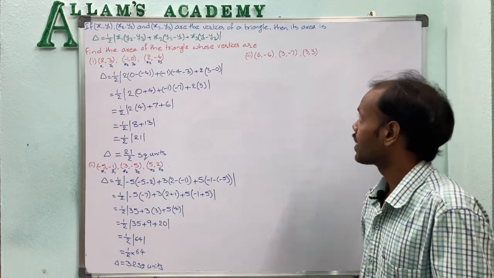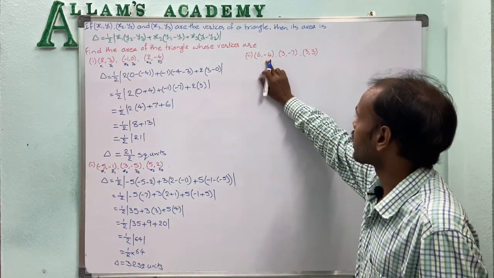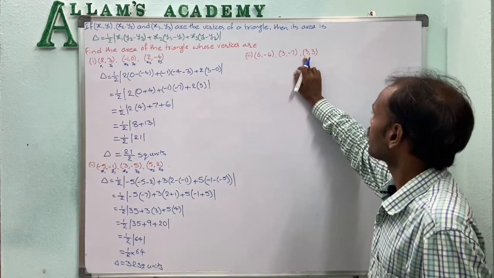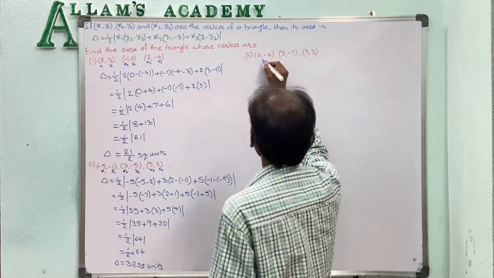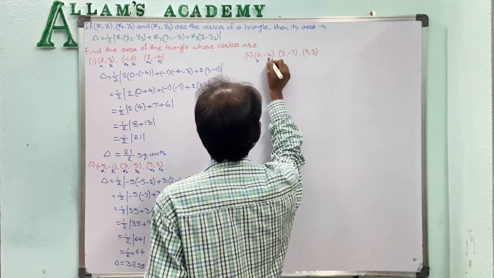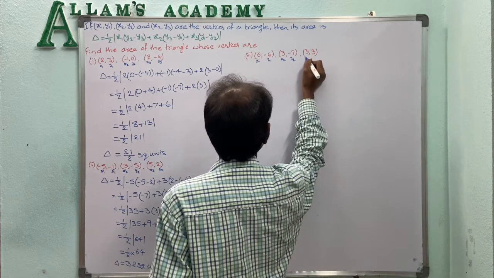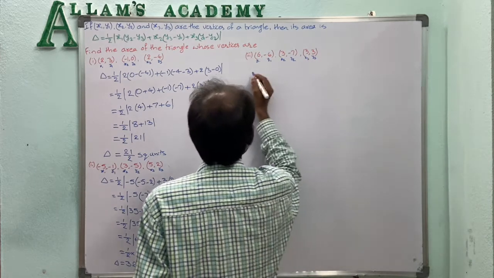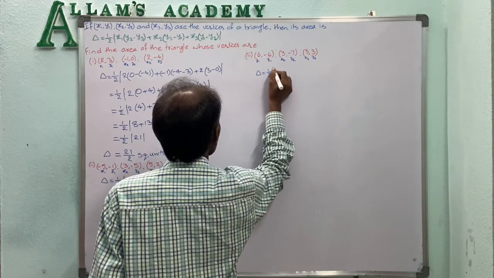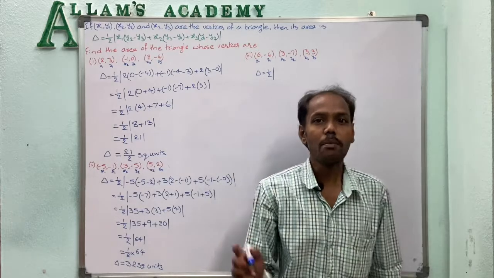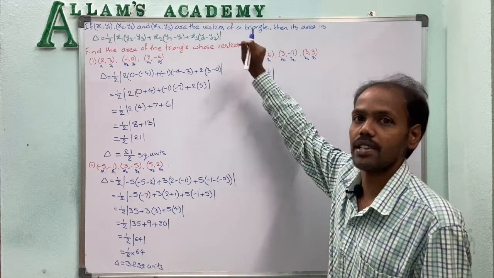Okay, now here the vertices of another triangle are given as (6, minus 6), (3, minus 7) and (3, 3). Find the area of the triangle. So here x1, y1 are (6, minus 6), x2, y2 are (3, minus 7) and x3, y3 are (3, 3). Then the area of the triangle delta is equal to half mod x1 into (y2 minus y3) plus x2 into (y3 minus y1) plus x3 into (y1 minus y2).